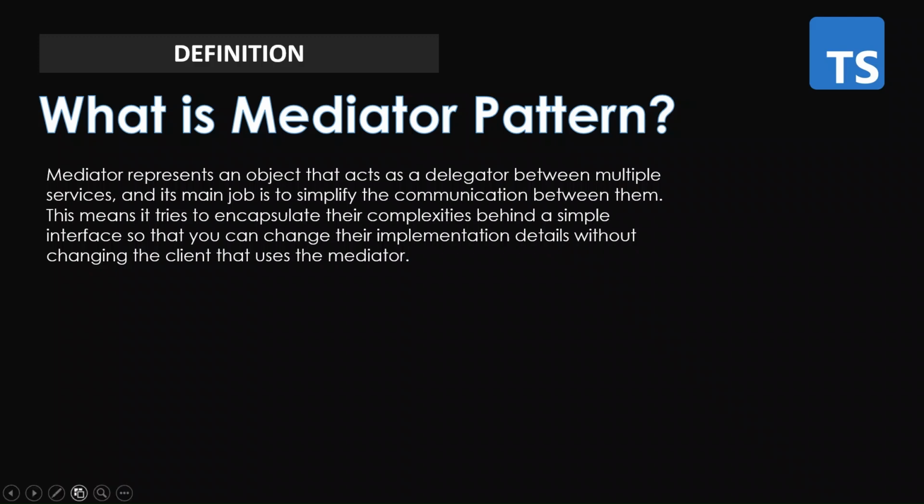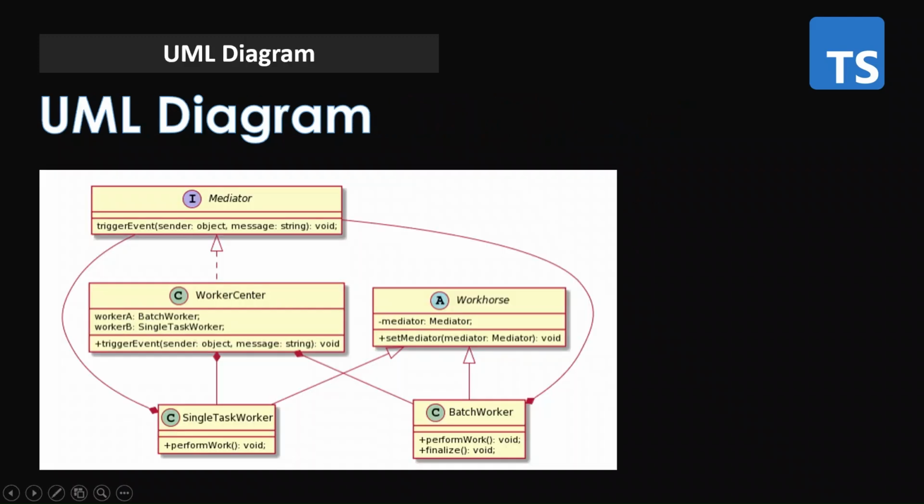Okay, so let's move on to this UML class diagram. So in this UML class diagram, we see that first is this mediator interface, which consists of a series of methods that bridge some functionality between the other objects as shown here.